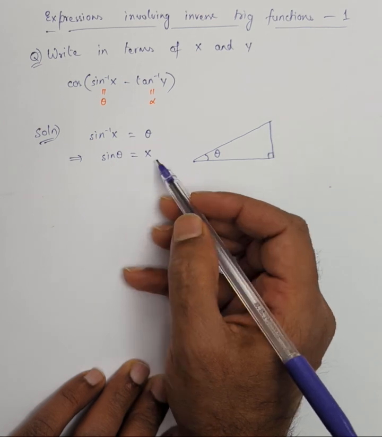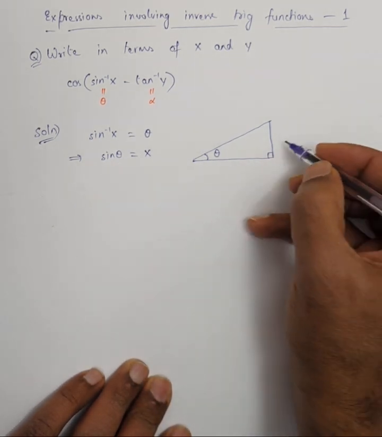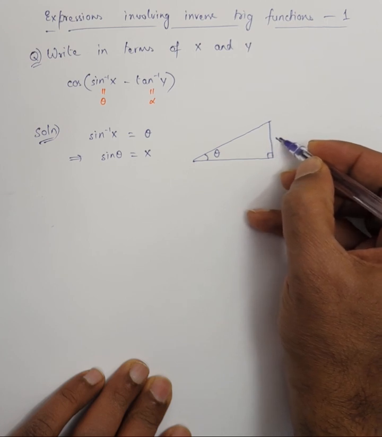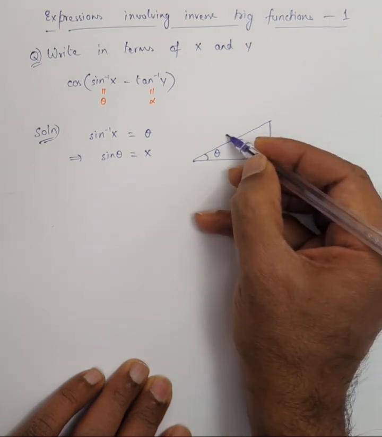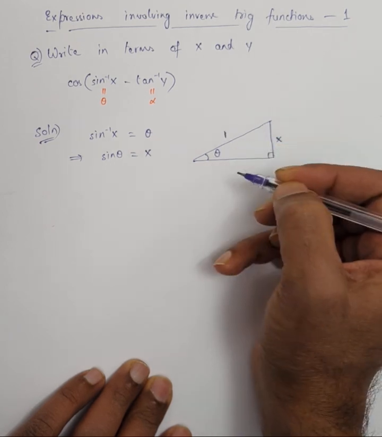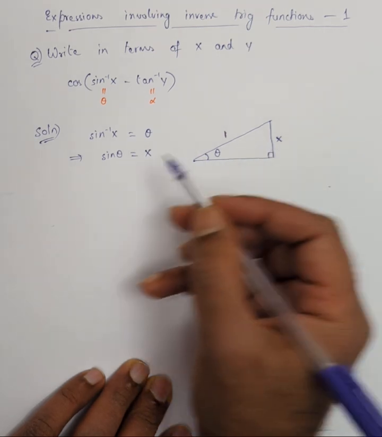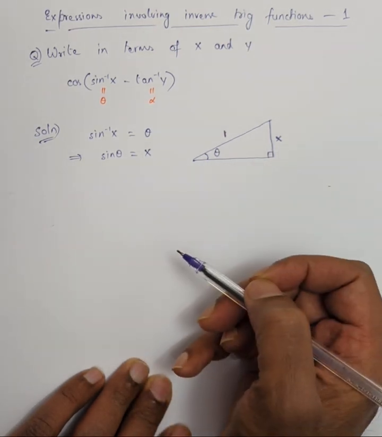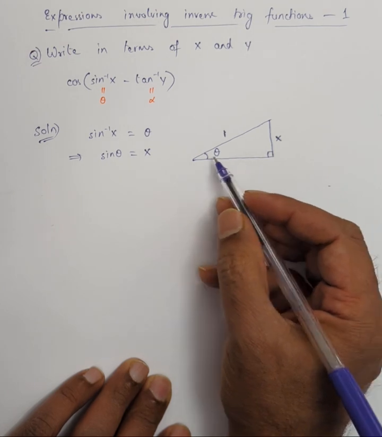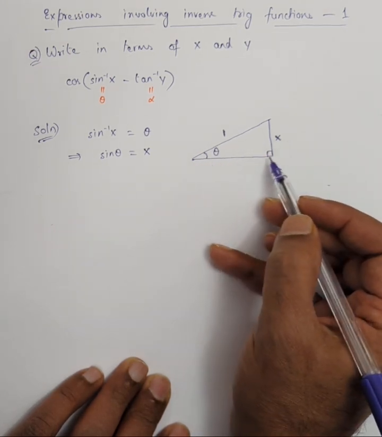Then we know sine theta is x, but x is x over 1. And sine is opposite over hypotenuse. So I want to write opposite side as x and hypotenuse as 1. Now from the Pythagorean theorem we can figure out this leg.